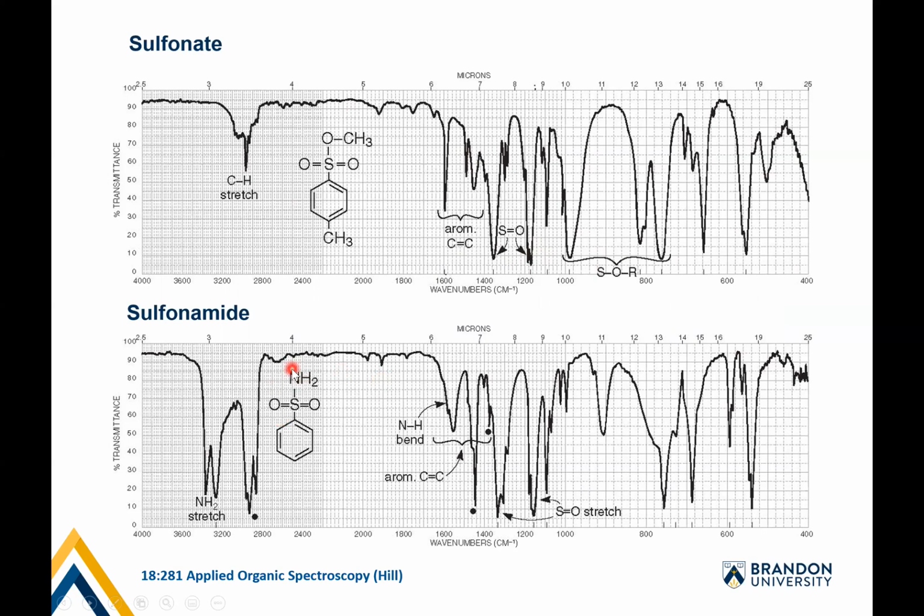With your sulfonamide, you've got your NH stretches around 3300. You can look for NH bends, but you've also got your strong SO stretches here to look for. And of course, this is an aromatic, so you've got your out-of-plane bends and stuff down here.